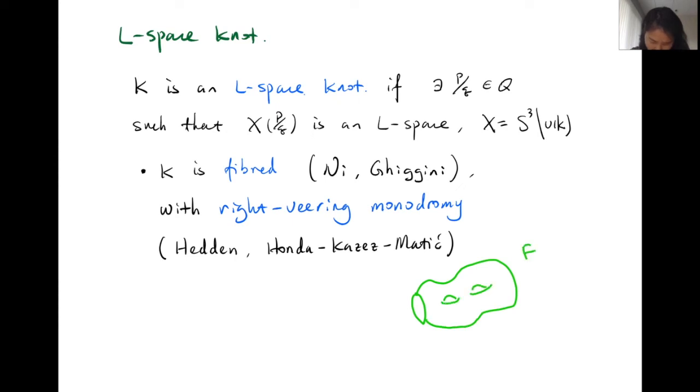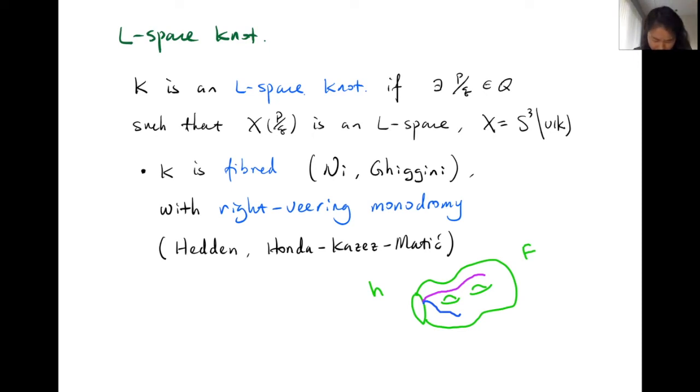If this is your fiber and your monodromy is h, right-veering means that for any arc starting at the boundary of the fiber, the image of this arc under the monodromy will be on the right side, roughly speaking, of the original arc. If your mapping class satisfies this property, it's called right-veering.